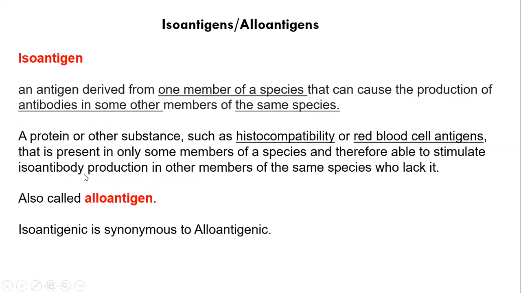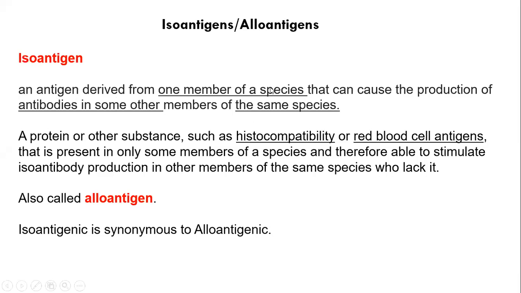So, a few more slides. I might have to go descriptively here. So go and look in your free time, read the abbreviations and the definitions more keenly, and make notes of them. One more concept we are talking about here is isoantigens or alloantigens. Both are synonymous. An isoantigen is an antigen derived from one member of a species that can cause the production of antibodies in another member of the same species. For example, myself and some of the students in this class might have specific antigens.